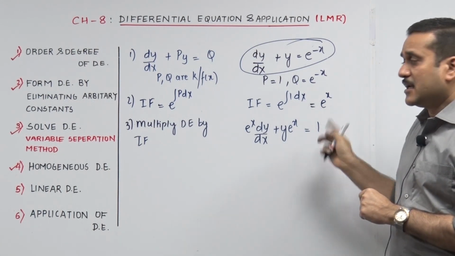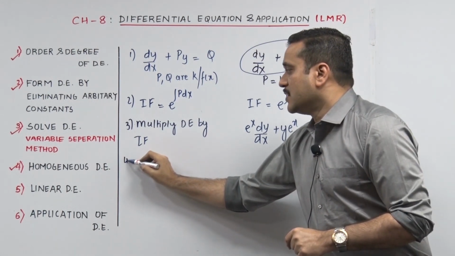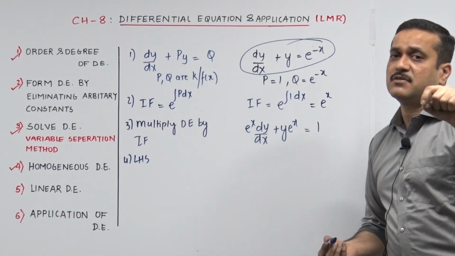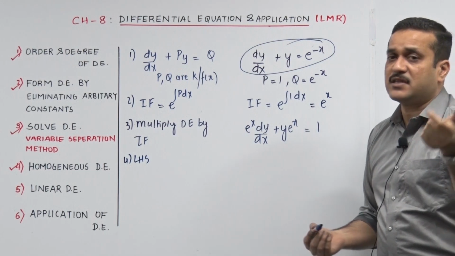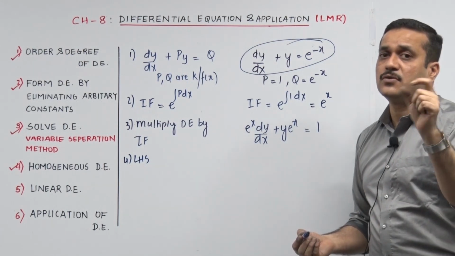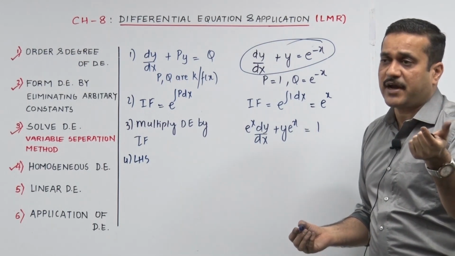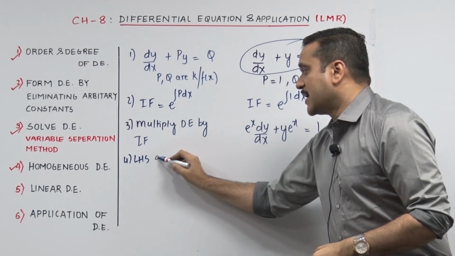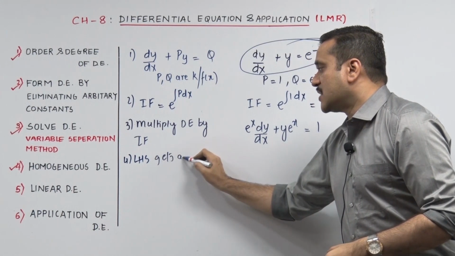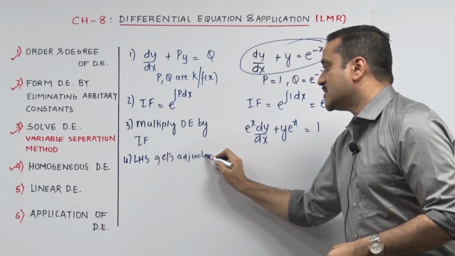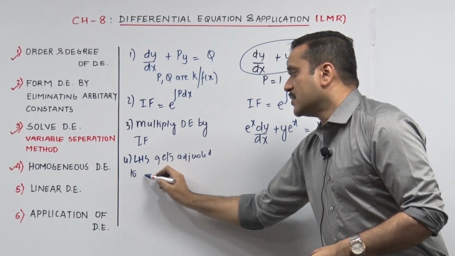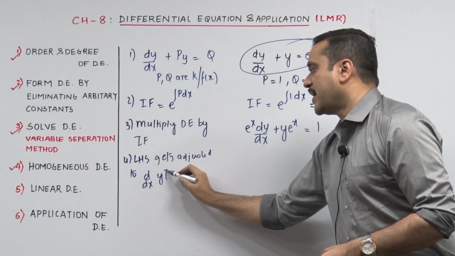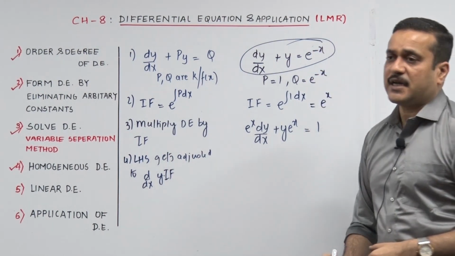You got it. Now fourth step, the left hand side, after multiplying the differential equation by your integrating factor, the left hand side will automatically get adjusted to the derivative of y into integrating factor. Hold back, I am showing parallel. The left hand side gets adjusted to what? The derivative of y into integrating factor, y into integrating factor.